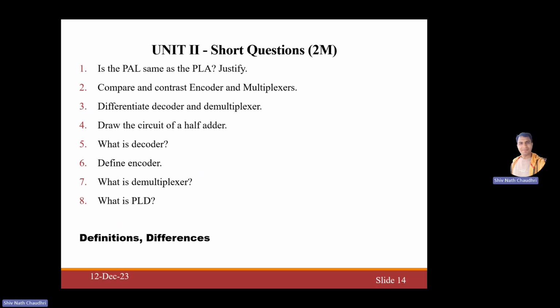So you must know the definitions of all the combinational circuits and be able to differentiate among them, like decoder versus demultiplexer and encoder versus multiplexer.